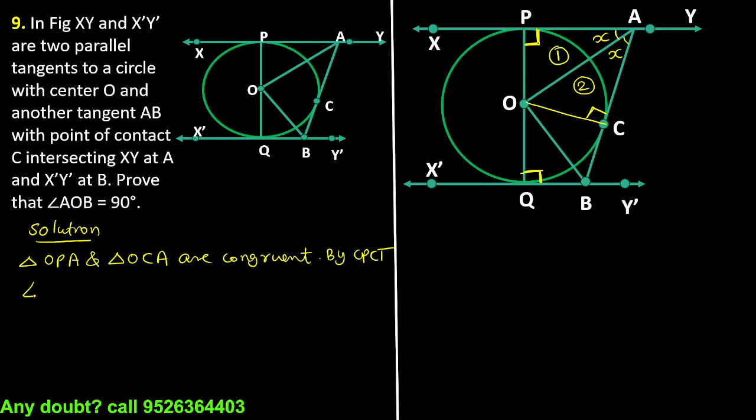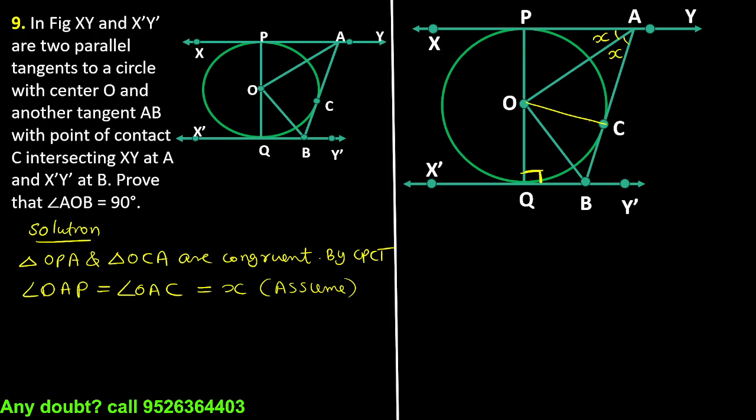Which angle? Angle OAP equals angle OAC. Let us assume that it is x. We have to make an assumption that it is equal to x. Clear? Okay. This part is over. That part is okay. You have understood that.